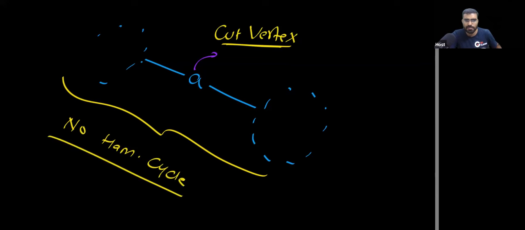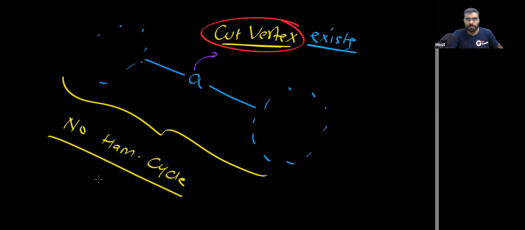Is this clear, Sandeep? If a cut vertex exists, then there is no Hamiltonian cycle, because you cannot visit every vertex exactly once.